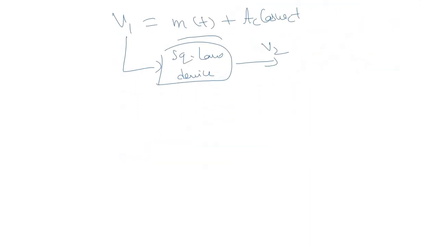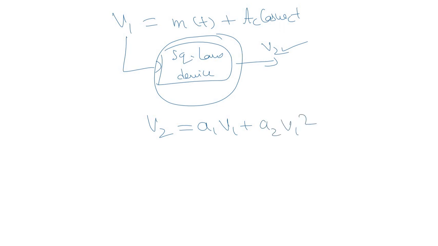Now the square law device is a circuitry, a combination of discrete elements, such that the relationship between V1 and V2 is that V2 is equal to A1 into V1 plus A2 into V1 square.